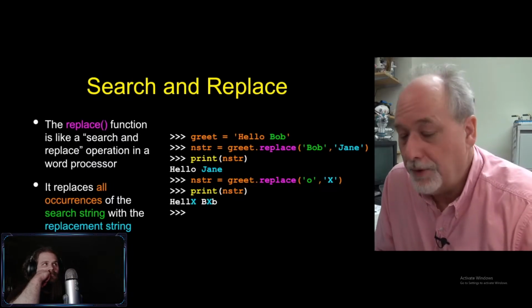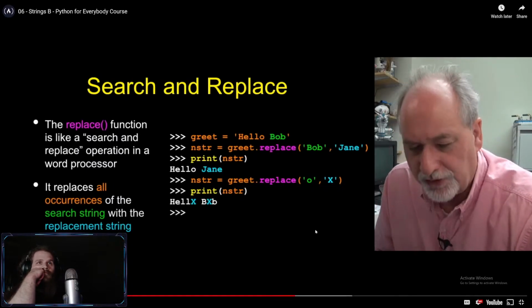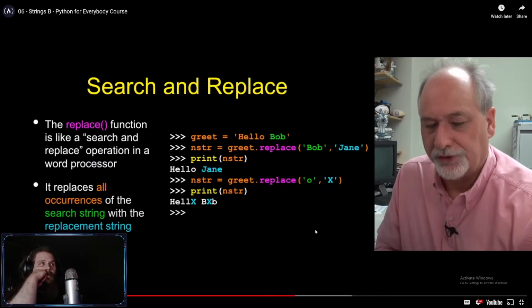Understood. Search and replace is super useful. The replace function is like a search and replace operation in a word processor. I can imagine how that would be useful. It replaces all occurrences of the search string with the replacement string. Greet, hello Bob.